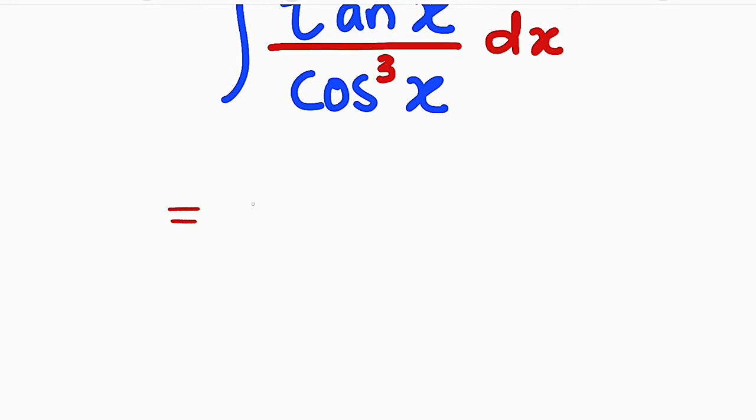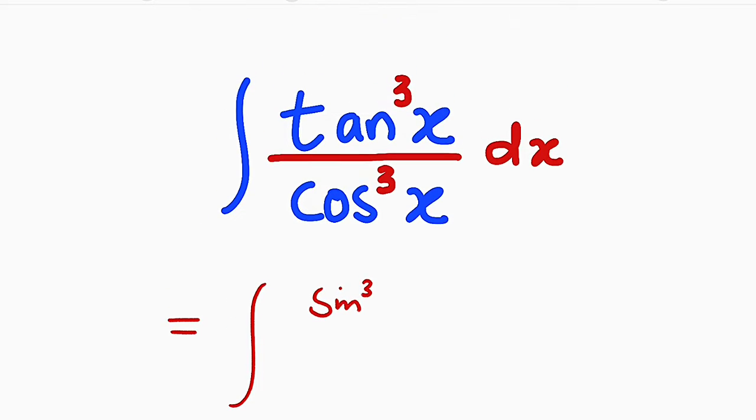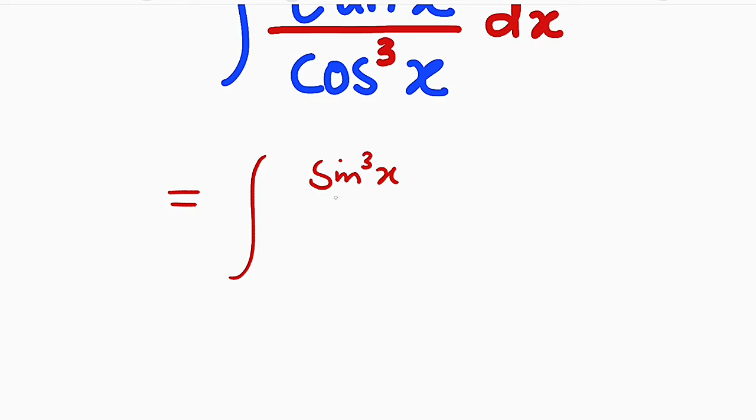So this is equal to the integral of sine cubed of x, because this has a power of 3, divided by cosine cube of x. This is the same thing as tangent cube of x, but remember to divide by this one as well.